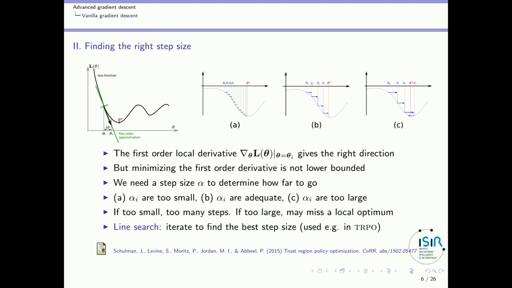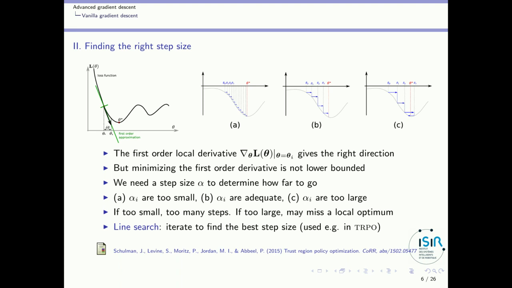The general idea is that we know that the gradient gives the right direction, but minimizing the first order derivative is not lower bounded. So we cannot minimize it because we would go to minus infinity.